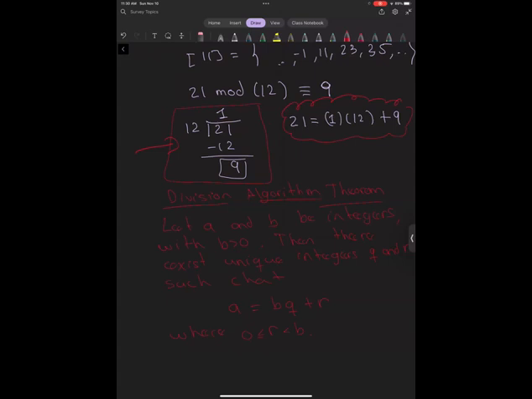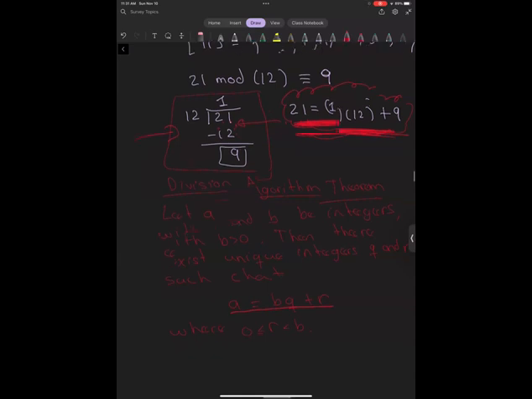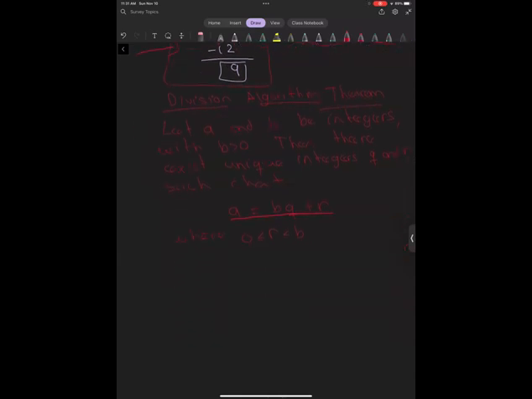We will do this several times, and this is what we do every time over here. This is what people call the division algorithm. Okay, so we have the division algorithm.